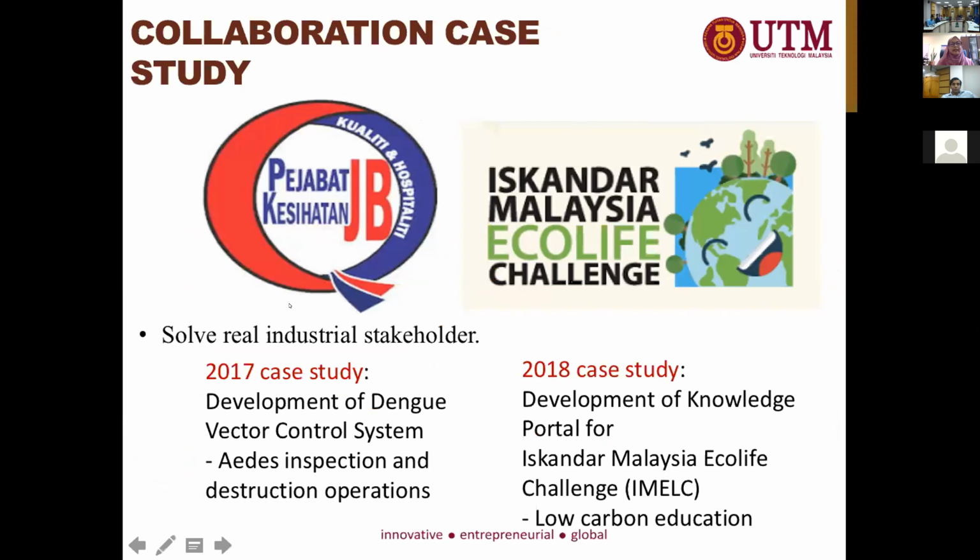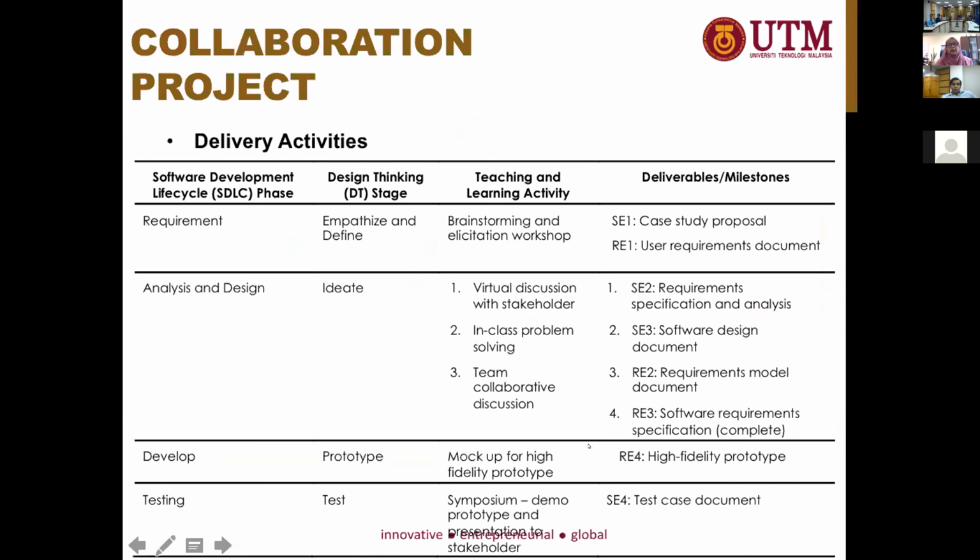For example, in 2017 they developed a dengue vector control system, and in 2018 they developed a knowledge portal. So these 2 courses need to plan what the activities are for requirement engineering and what the activities are for software engineering, using only this one project, okay?